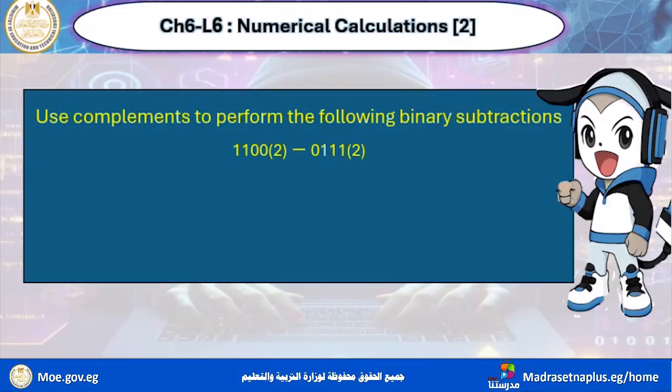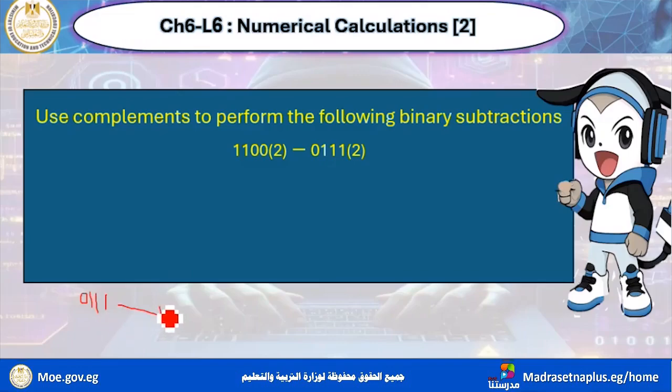Now use complement to perform the following binary subtraction. The first step is to get the complement of the second number. So, as we did before, we take this number, 0, 1, 1, 1.